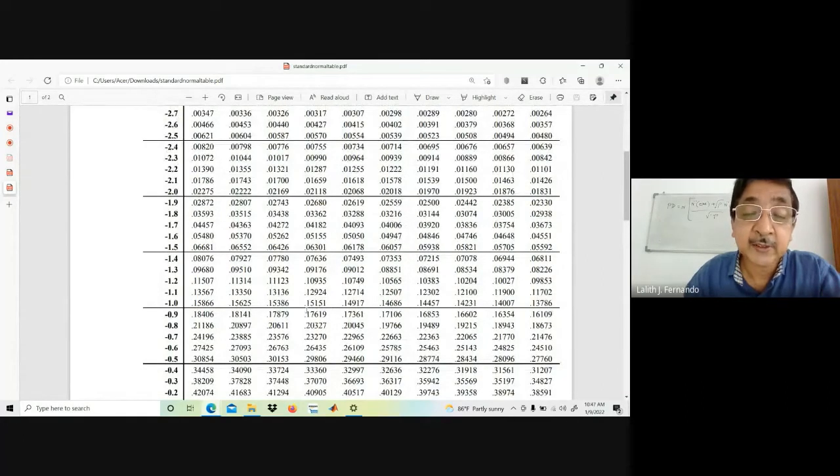Now, this is not the answer, but the answer should come in between this one and this one. Is it clear? Yeah. Now what you can do is look at these two places. If you take this, the value is a little lower than what we want to get. If you take this, the value is a little higher than what we want to get. So we have to have a value in between somewhere here, and the corresponding value also we have to get.